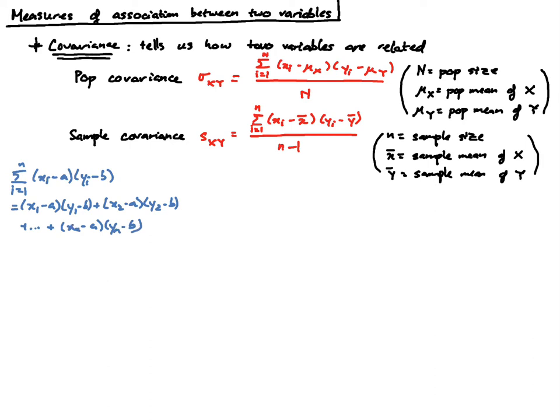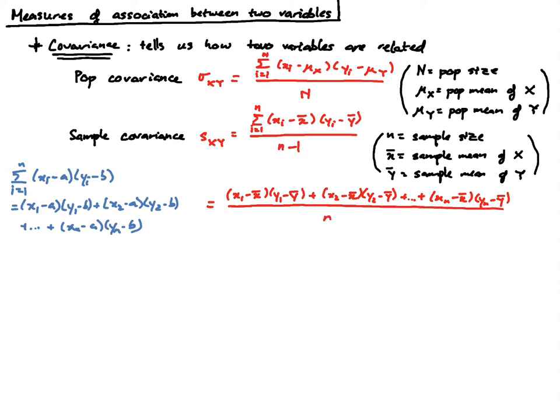The same idea applies here when we want to expand the numerator, right? So the covariance Sxy is going to be equal to x1 minus x bar times y1 minus y bar plus x2 minus x bar times y2 minus y bar plus all the way to xn minus x bar times yn minus y bar. And then you divide that sum by n minus 1.